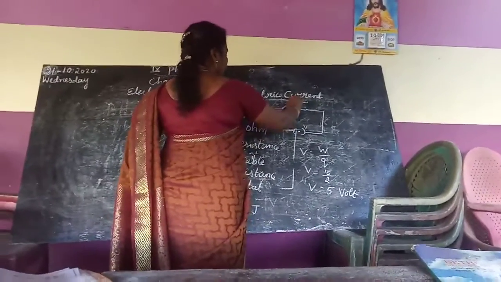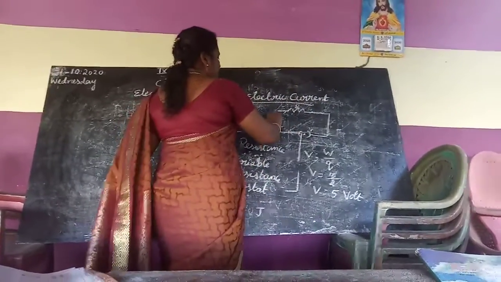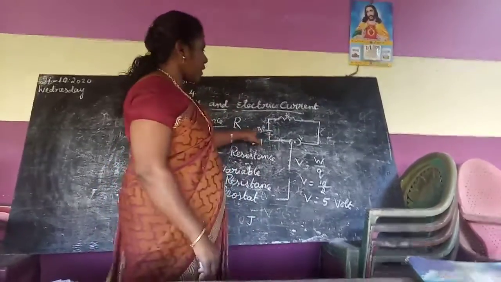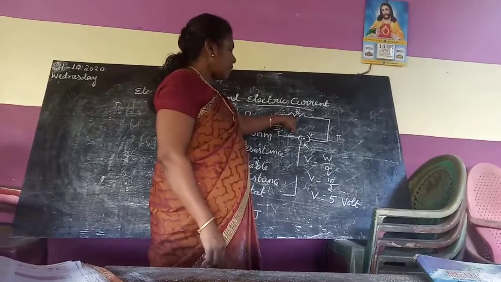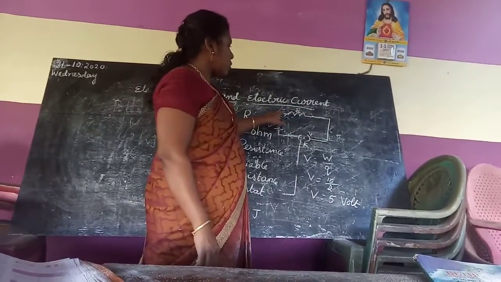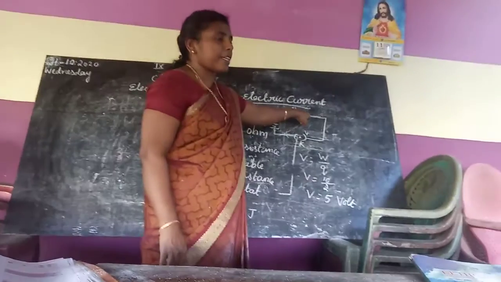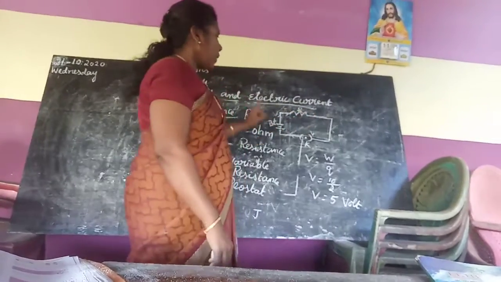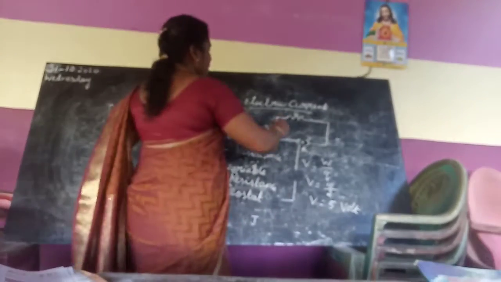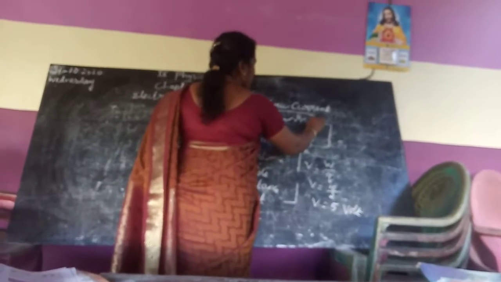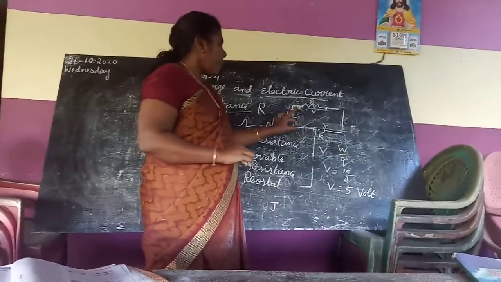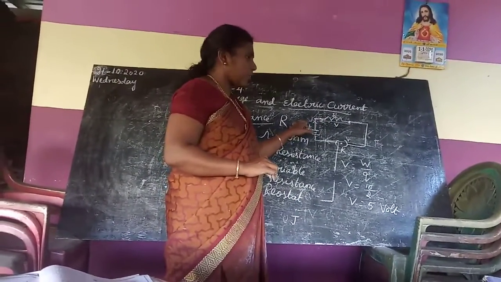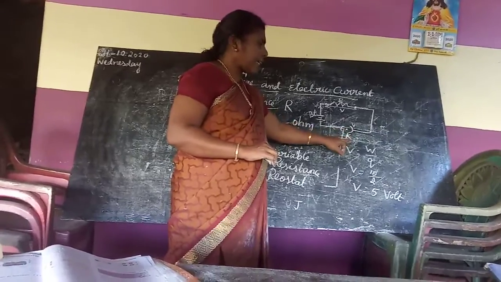Here this is the resistance, the battery BT, and the switch K. Across the two ends of this resistance we can find the potential difference, denoted by the letter V. Between the two terminals only, we can calculate the potential difference V.